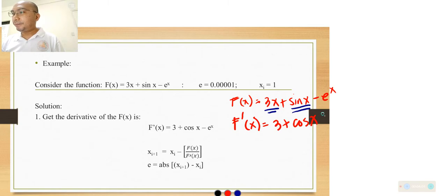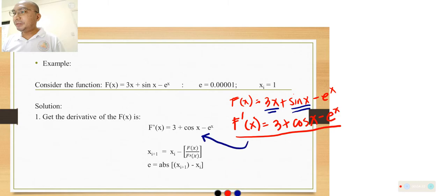And minus, what is the derivative of e raised to x? The derivative of e raised to x is still e raised to x, and the derivative of our exponent x is still 1, so no need to write it. So f prime x is this one.